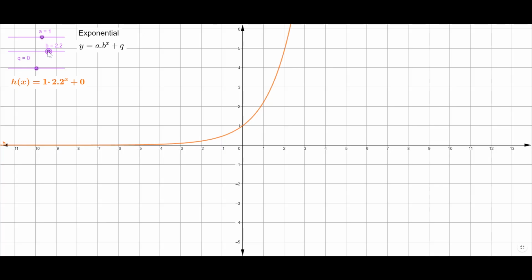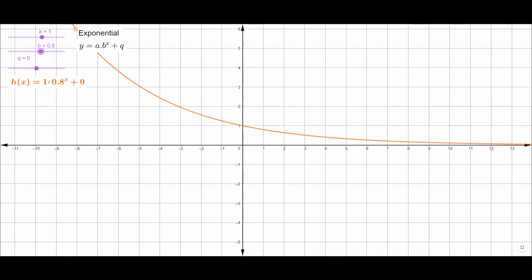All right, let's have a look. Notice what happens when my b is 1. It falls flat. It's just a straight line. Why does that happen? Because 1 to the power of anything just gives you 1. So it won't give us an exponential curve if our b is 1. So our b can't be 1. But notice that b can be between 0 and 1. It's a fraction.